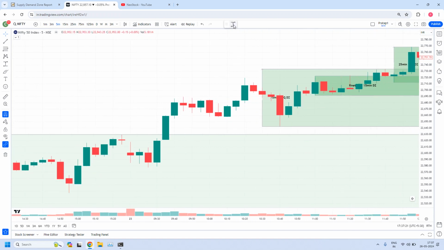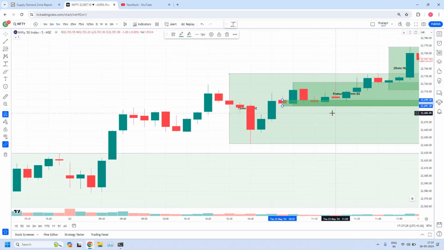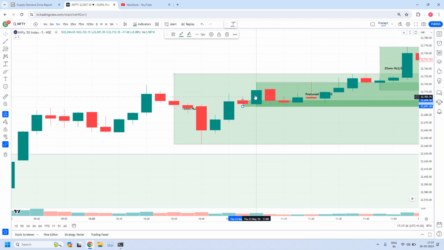So at present you have a zone like this, a fine-tuned 5 minute zone. But this zone is already tested. Rally base rally, this is not a great leg out. Okay, you can compromise and consider it, but it picked up the orders. And this fine-tuned 5 minute zone is responsible for the creation of this fine-tuned 15 minute zone.